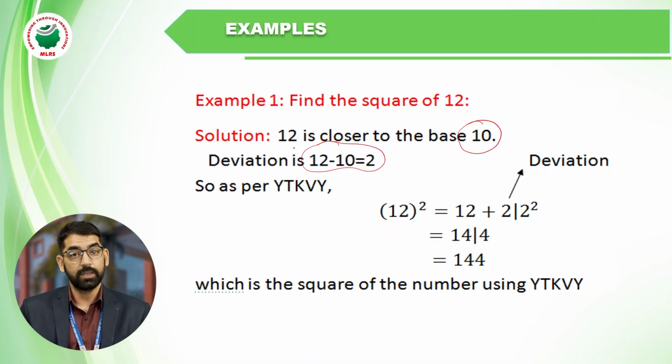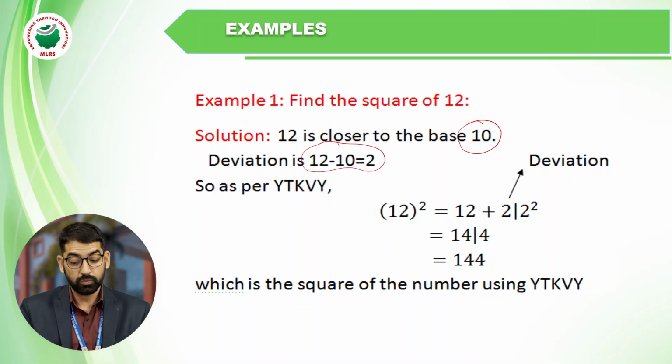So as per YTKVY, Yavadunam Taraduni Kriti Vargena Yojayat, 12 square equals 12 plus 2 as per the formula, and then we have the separator, then we have the deviation square. This is the formula for calculating the square of any number as per YTKVY.